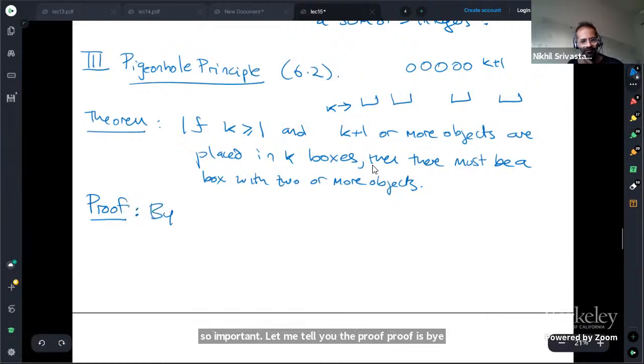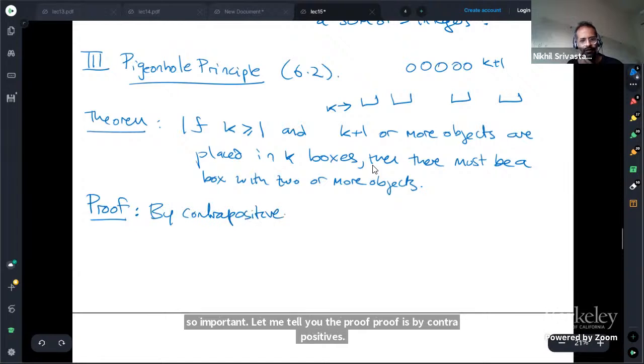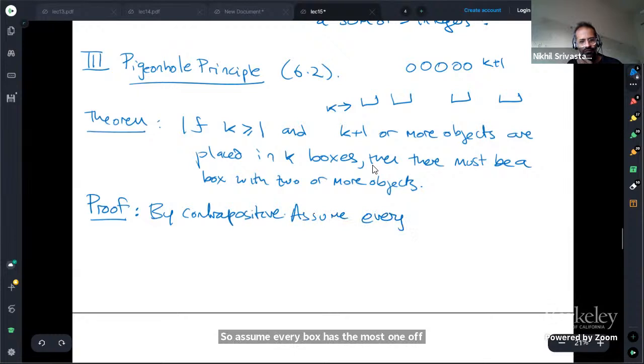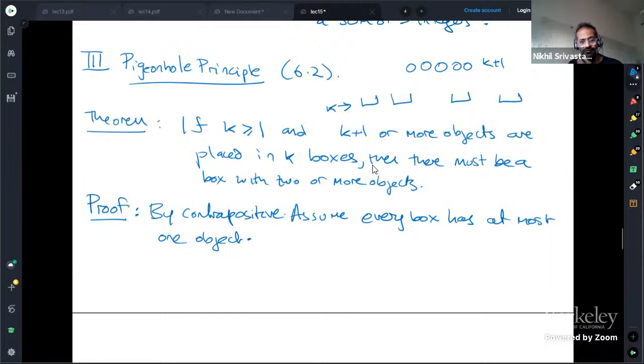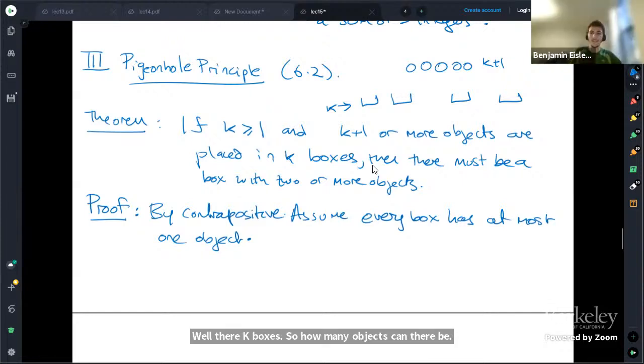Proof is by contrapositive. So assume every box has at most 1 object. Well, there are k boxes. So how many objects can there be? k objects at most.